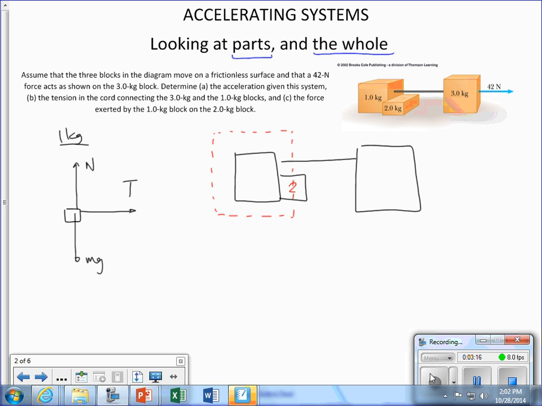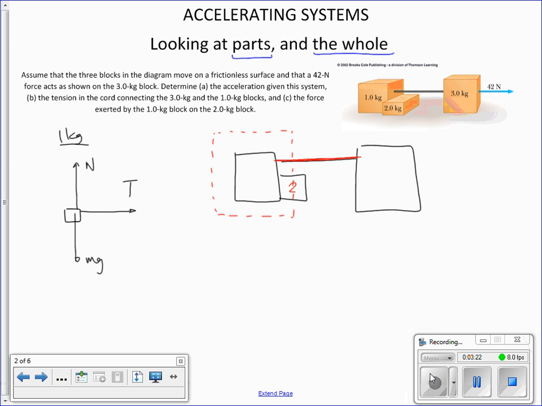One thing I should point out specifically: if this is a rope and our isolation box cuts across that rope, we have to identify that as a tension. So that's where this tension comes from, the fact that this rope is pulling out of that box.